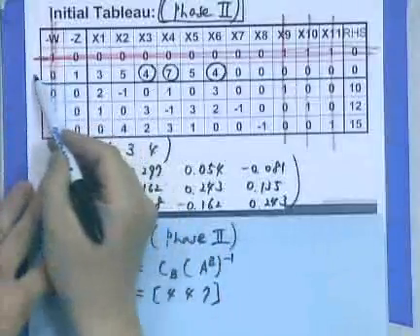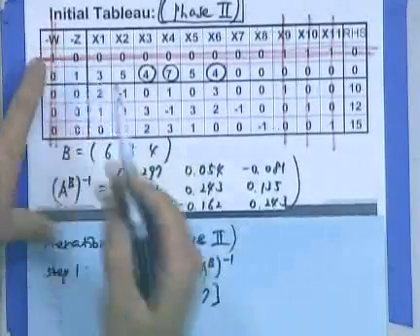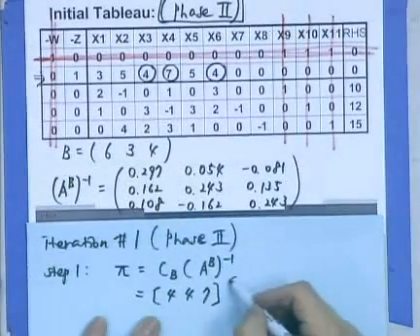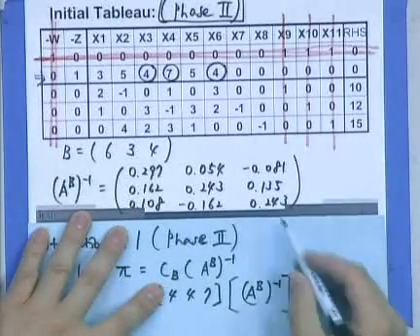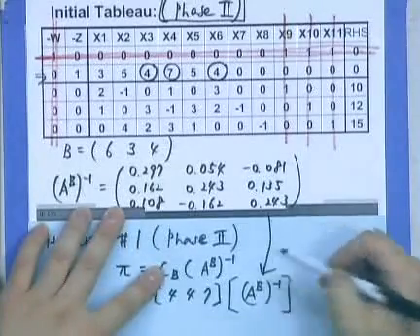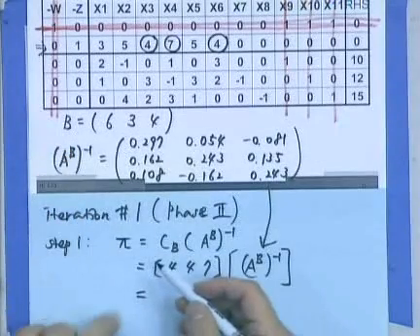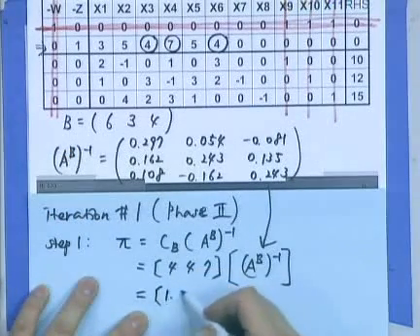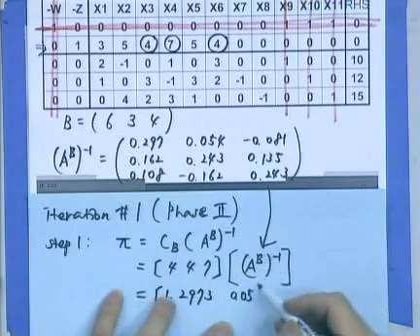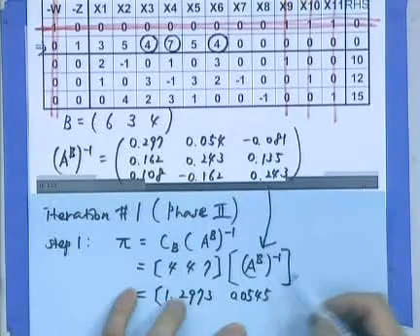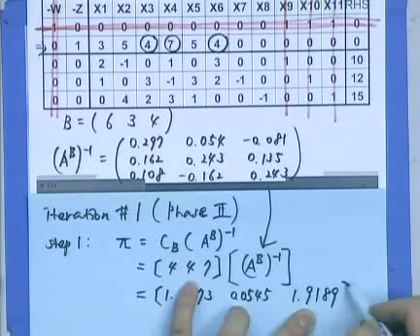Because we are in phase 2, we don't use the phase 1 objective function anymore, right? And then we use the basis inverse matrix, which is this. Okay? And in my calculation it is 1.297, 3.054, 1.918. Okay?